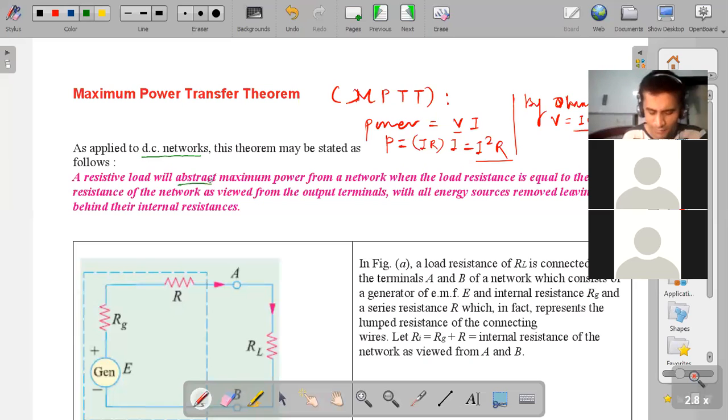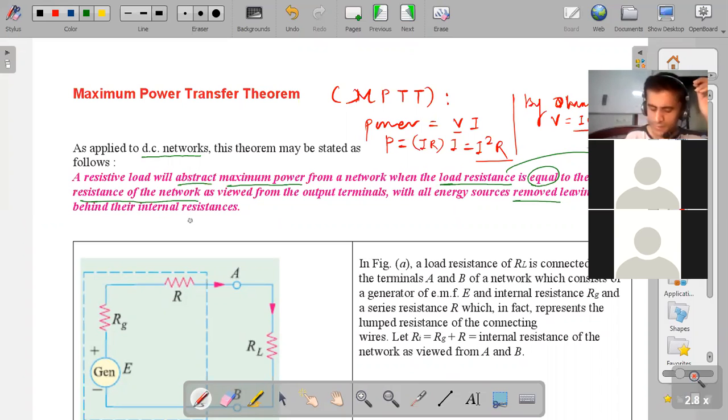will extract maximum power from a network when the load resistance, and here load resistance is denoted by RL, L for load, R for resistance, is equal to the resistance of the network, with all the energy sources removed, leaving behind their internal resistance.